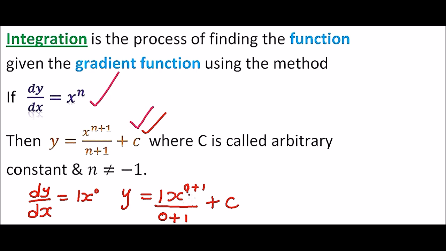So 1 times x to power 0 plus 1, we will get y is equal to x. Then we divide by 1, it remains the same, and then plus c.